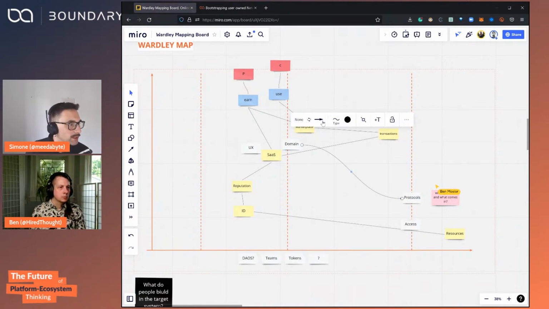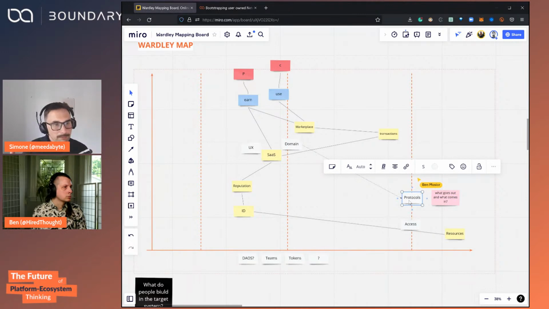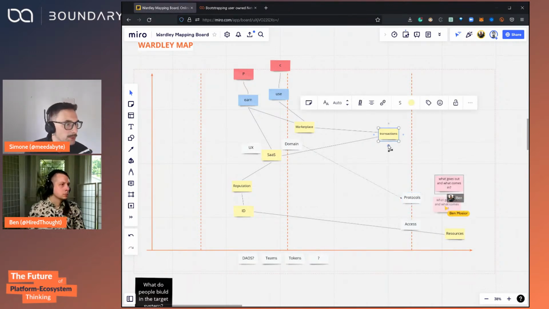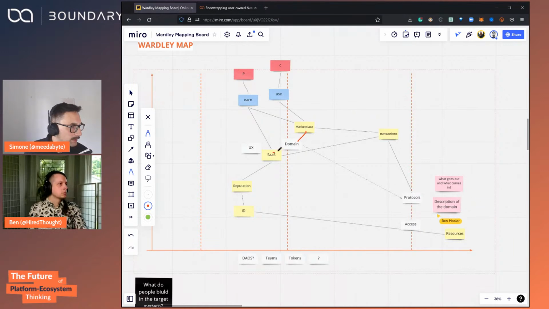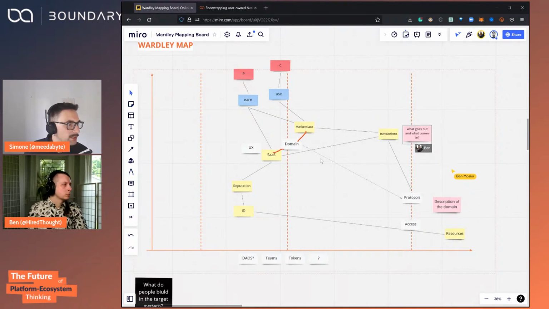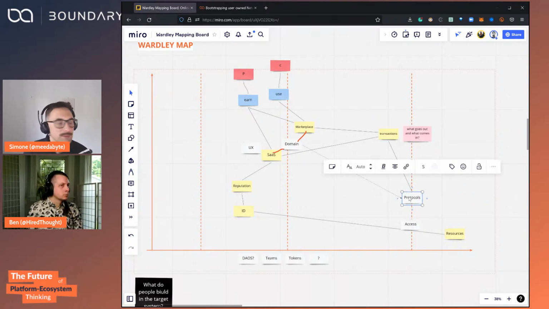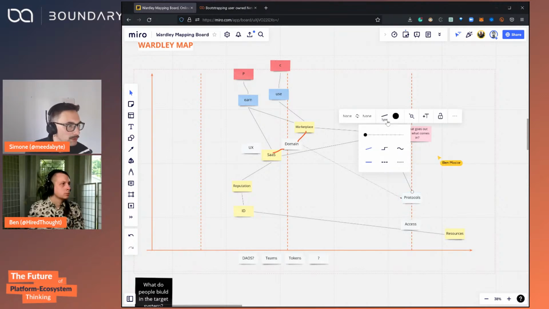So what are we seeing? We are seeing that people are designing protocols that describe the domain, right? And are able to process the transactions. So both the transaction and the domain aspect that is related to both the marketplace and the software as a service is being increasingly encapsulated in a protocol that is made open for everybody to use.